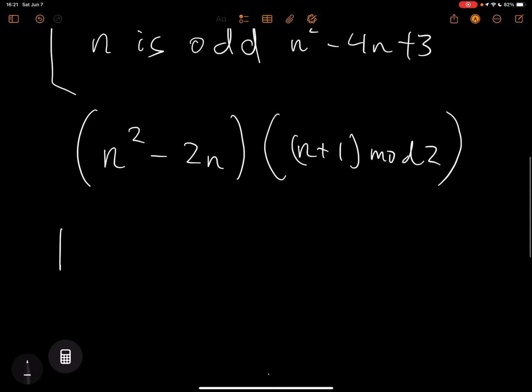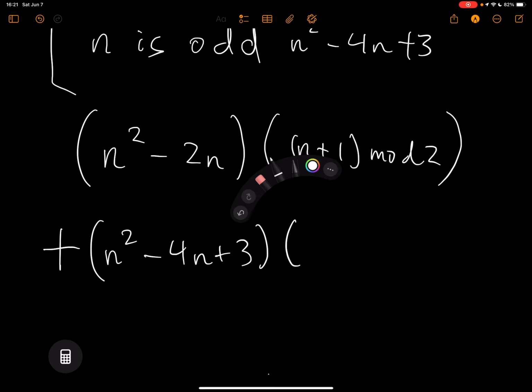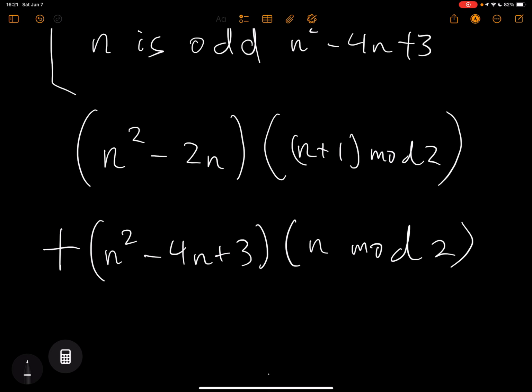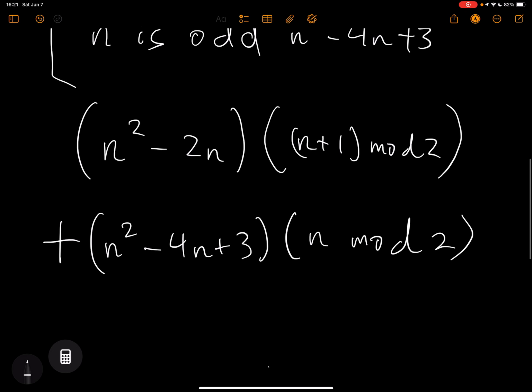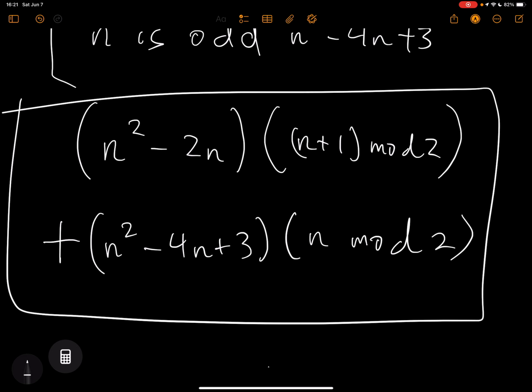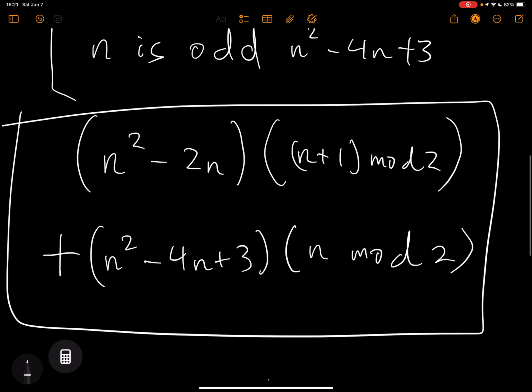Then add that expression to the odd bit. So if it's odd, we want it to multiply by 1. That's kind of easy. So we have n squared minus 4n plus 3, all of that multiplied by n mod 2. Like that. So that is our generalized formula using mods. And that is our final answer.